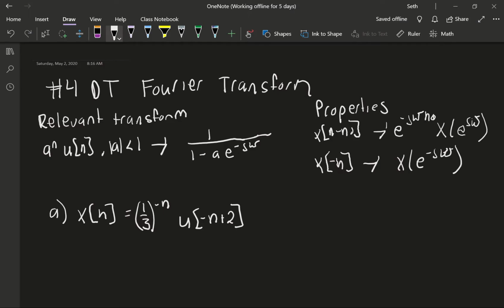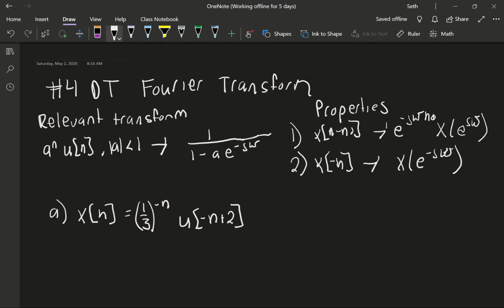So we're going to do this by applying the properties of the discrete time Fourier transform, and the two we're going to be using: the first one is time shifting, and the second one is time reversal.